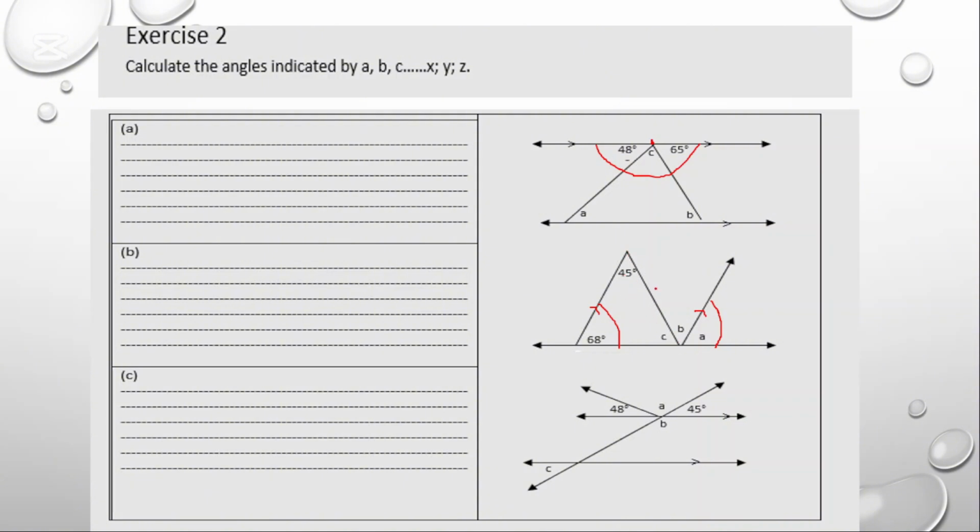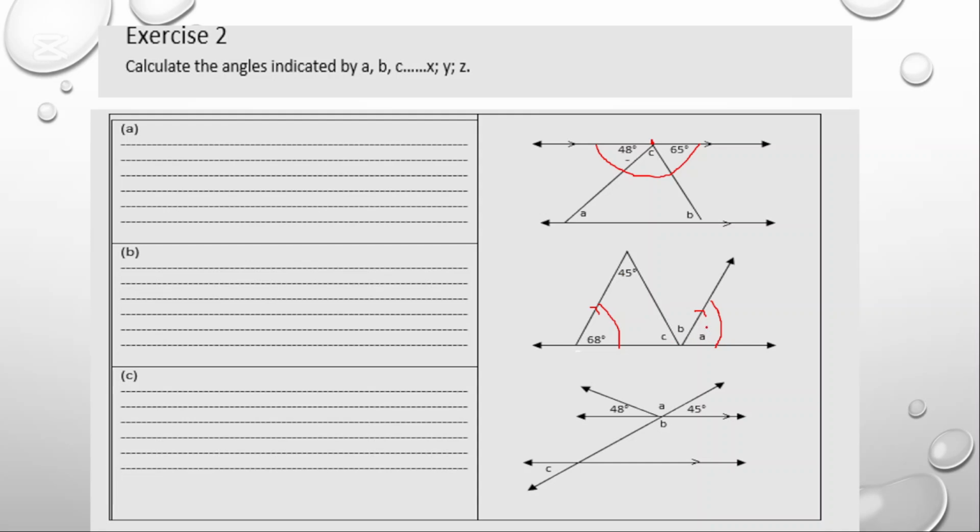So 45 and B, they are alternate interior angles, they are in between these 2 lines. One on the one side, one on the opposite side. So B is equal to 45 degrees, alternate interior angles.